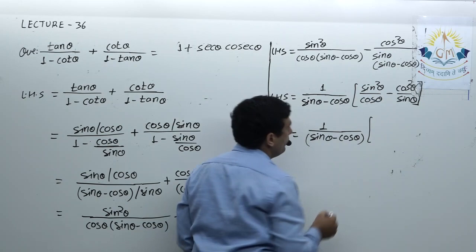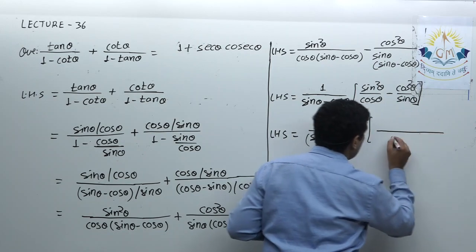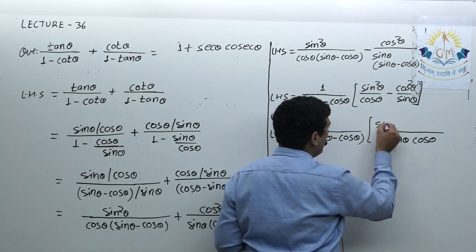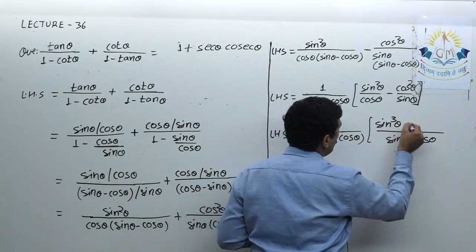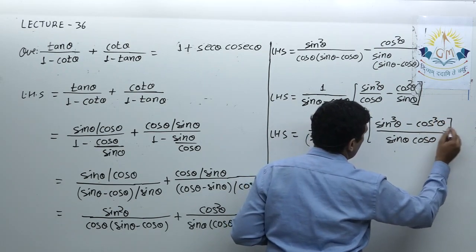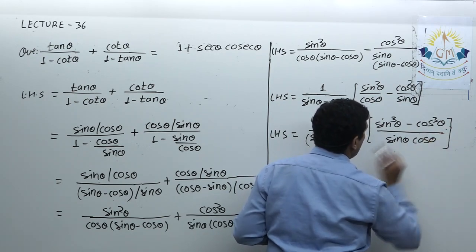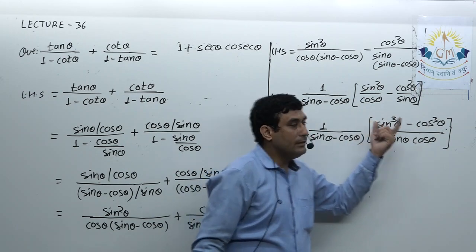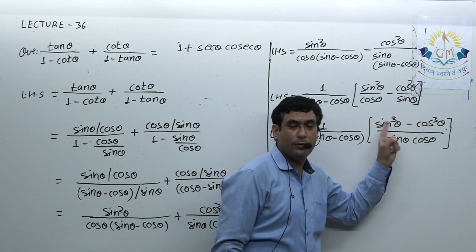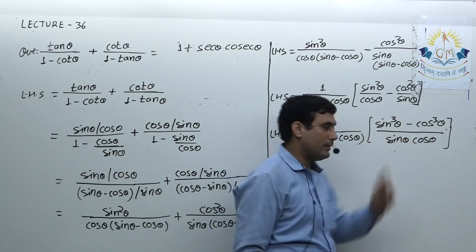Now here you can take sin theta cos theta as LCM. So if I take sin theta cos theta as LCM, in the numerator I get sin cube theta minus cos cube theta. Now here again you should get clicked one identity. It is a cube minus b cube, and a cube minus b cube is a minus b into a square plus b square plus ab.